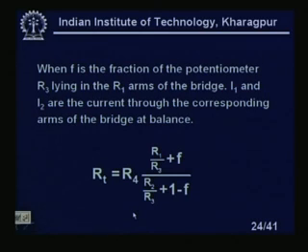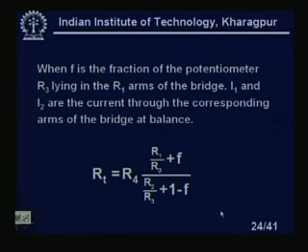So, at bridge balance we can write RT equal to R4 times (R1 plus F R3) by (R2 plus (1 minus F) R3), right. F is a fraction of the potentiometer R3 lying in the R1 arm of the bridge.